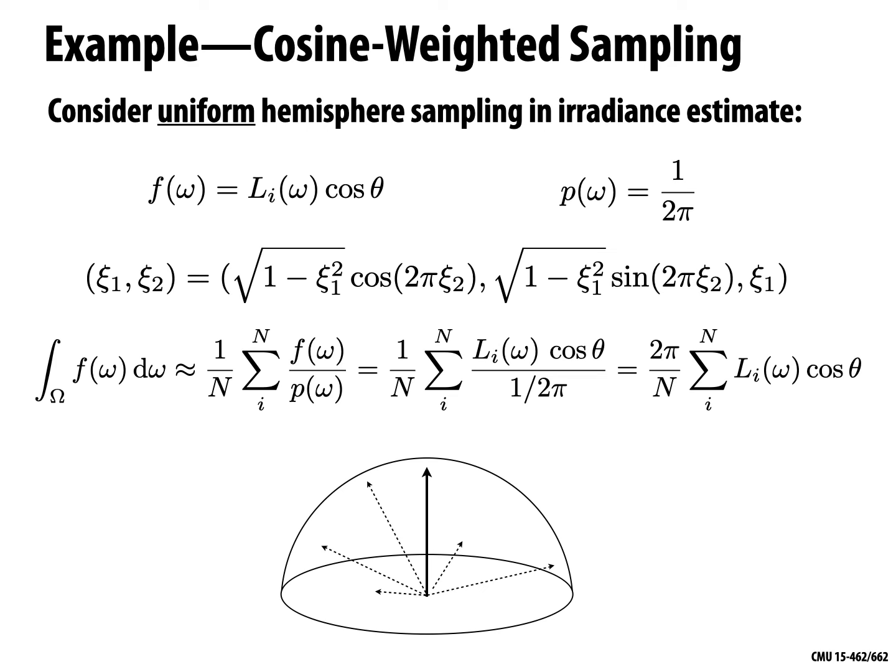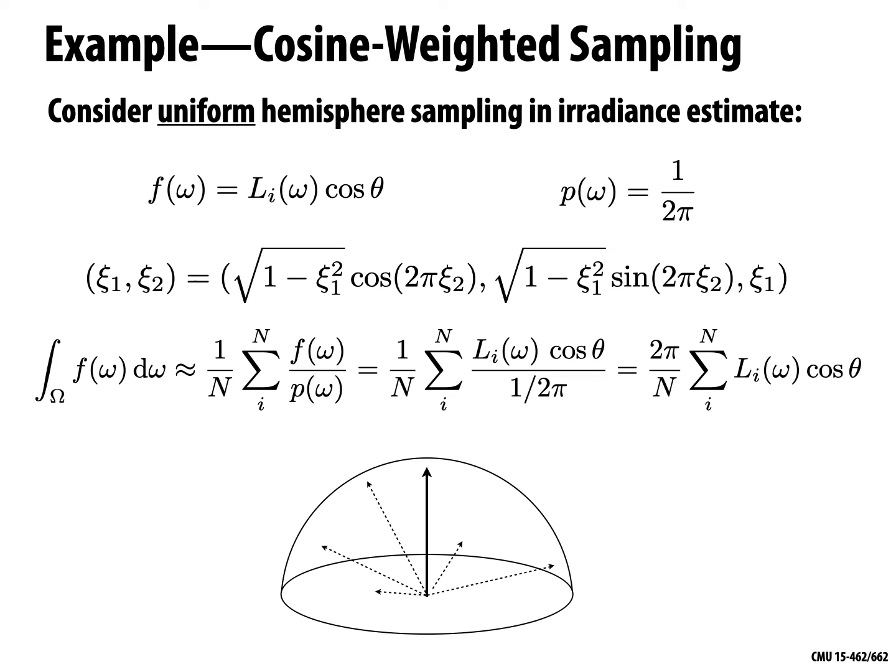What that means is these directions that are really shallow angles are always going to contribute less to our integral than directions that come in kind of normal to the plane. And so it would make sense to try to shoot fewer directions at these shallow angles.